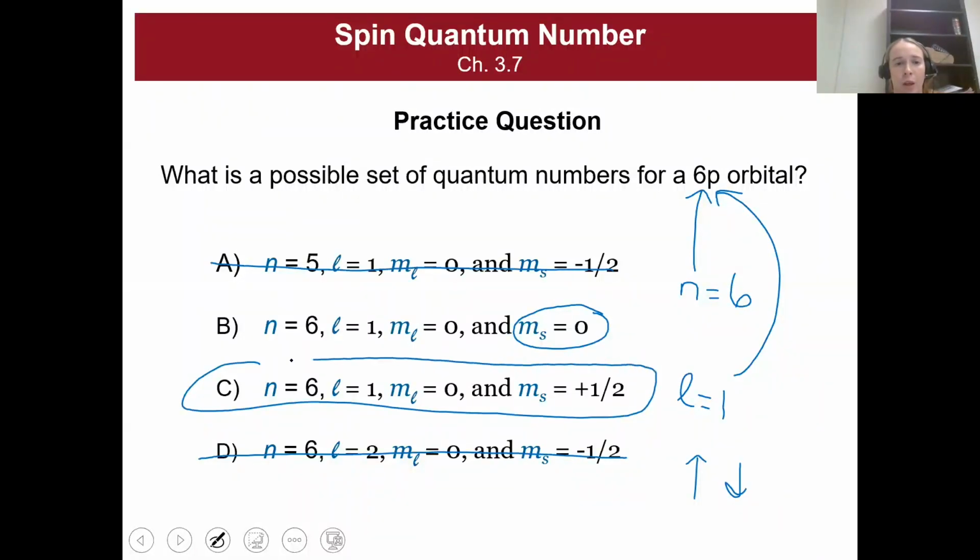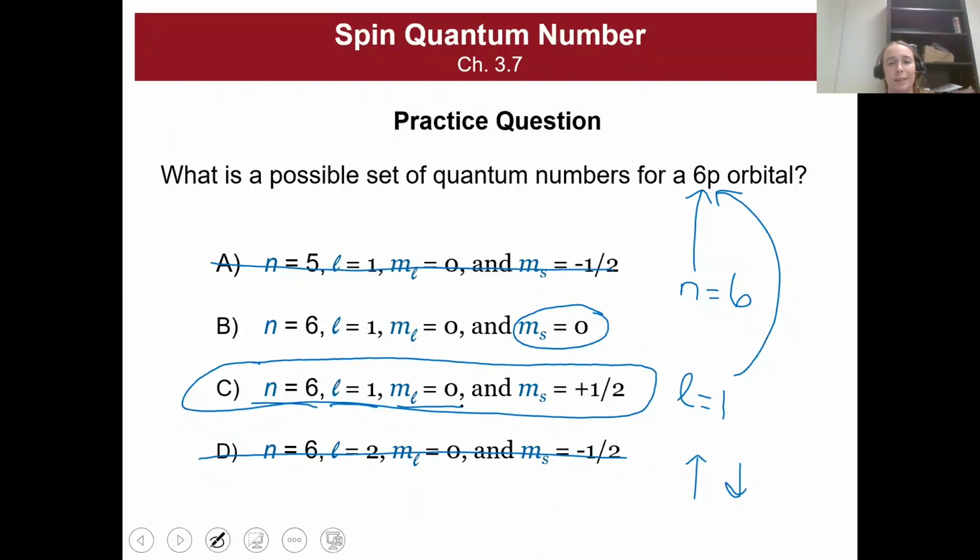So our answer is C. And we can check to make sure that it's legit. N equals 6. So L can be 1, sure. It's not equal to 6, it's less than 6. M sub L can be equal to 0 because it's between negative and positive 1. And then, yeah, M sub s is positive 1/2. So that one's a good one.